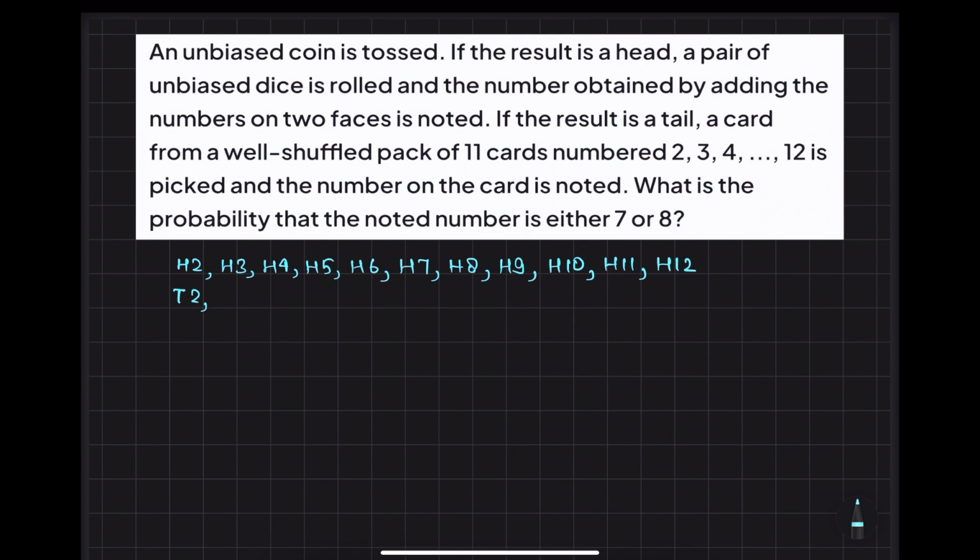So it is also the same: tail 3, tail 4, up to tail 12. Okay. What is the probability that the noted number is either 7 or 8?